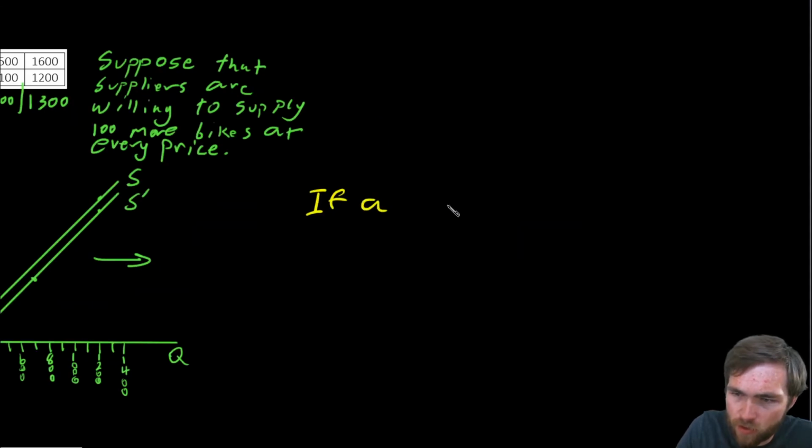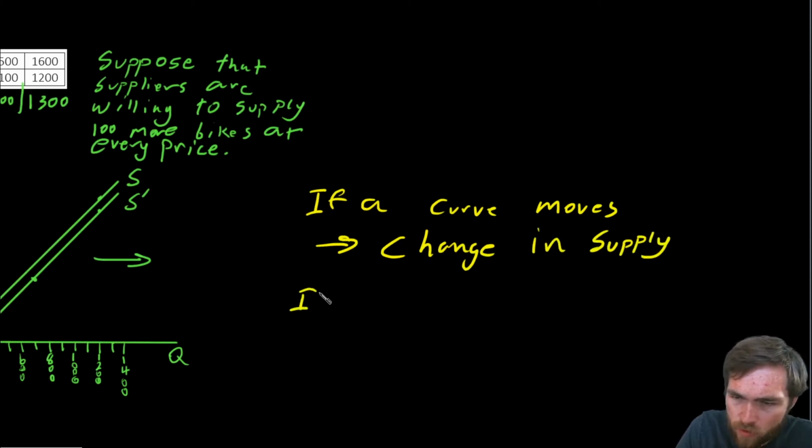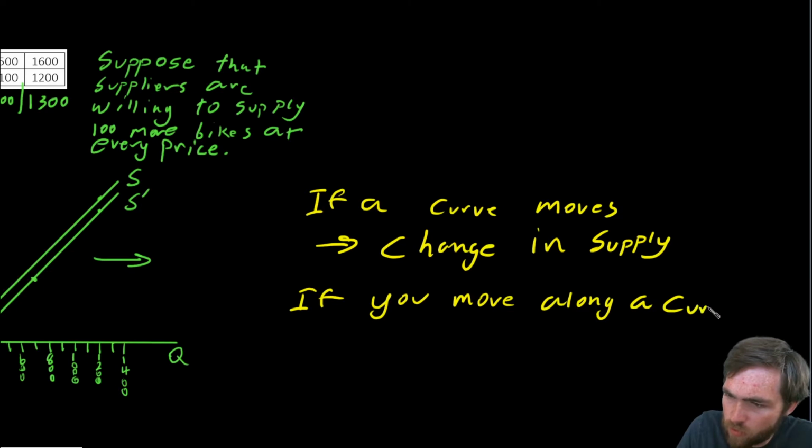If a curve moves, then that's a change in supply. If you move along a curve, that is a change in quantity supplied.